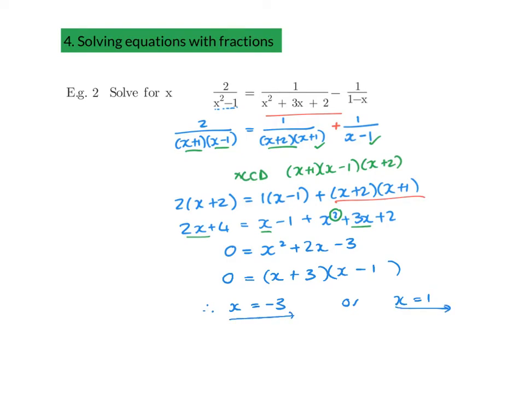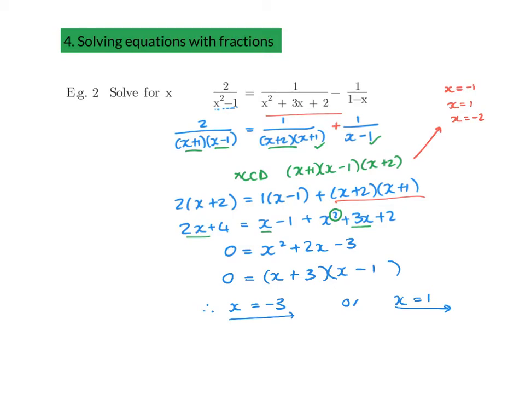Now, normally, this would be the end of my question. However, when you have x's in the denominator, you need to think about if you have any restrictions. So let's go back to my lowest common denominator. In my lowest common denominator, if x is equal to negative 1, or x is equal to 1, or x is equal to negative 2, if x is any of those values, it will change my denominator into 0.